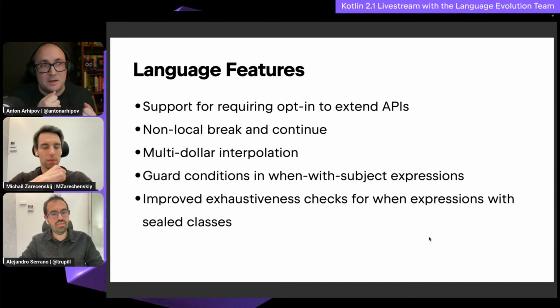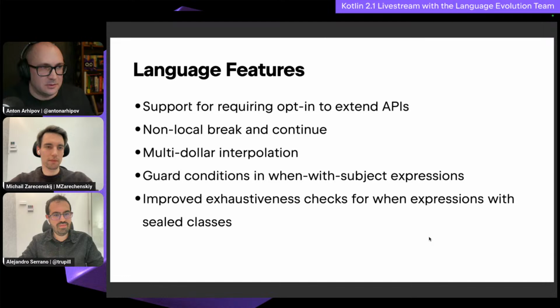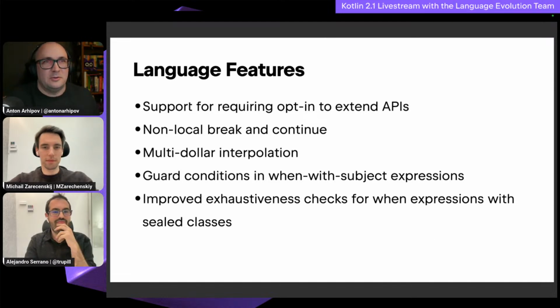And if you agree or disagree with us, you know what to do. Write a comment in the chat, and we'll try to address the questions as they come. I'm going to monitor the chat, so no question is going to be left unanswered, I hope.